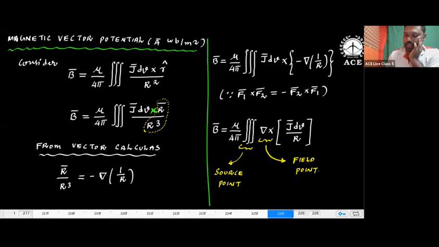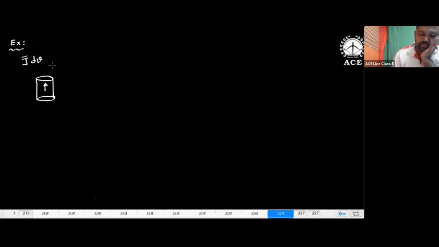Source point and field point. Let me turn the page here. I'm going to show this with the help of a diagram. For example, here is a current carrying conductor. How much is the current flowing through this one? J and dV.